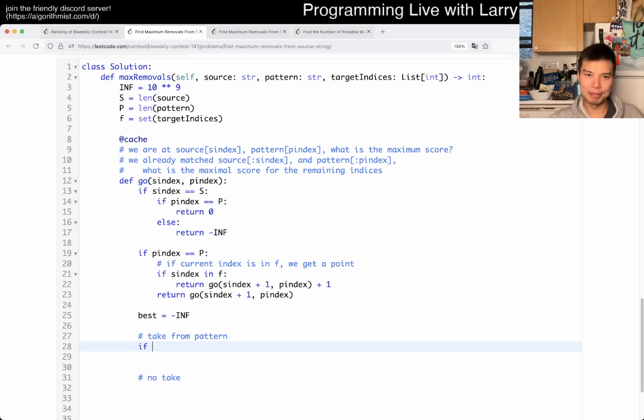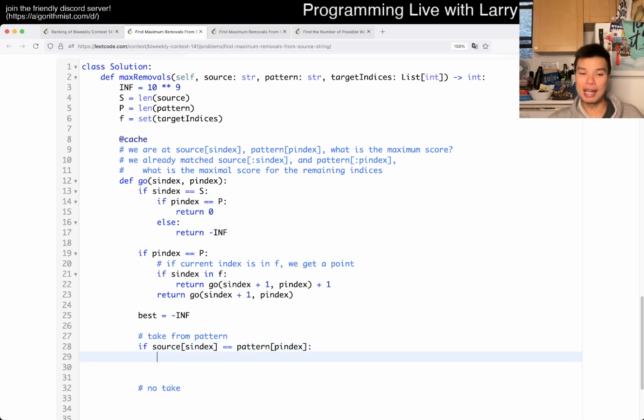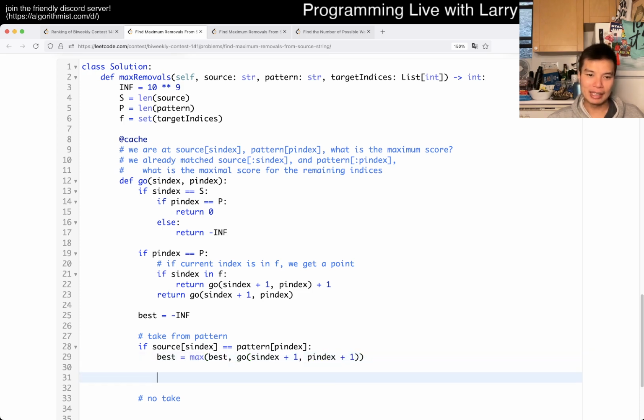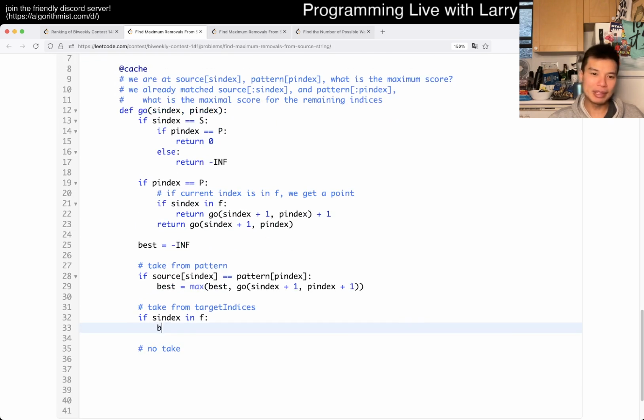If source of S index is equal to pattern of P index, then this is a possible answer. So we do a max of best, go S index plus 1, we move on to the next one, and P index plus 1, right? And then the other one is tick from target indexes. If S index is in F, then we can consider this.